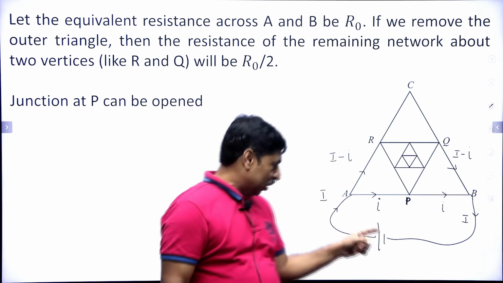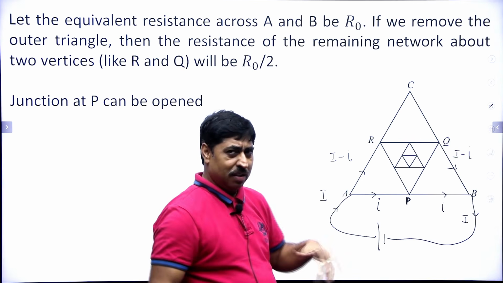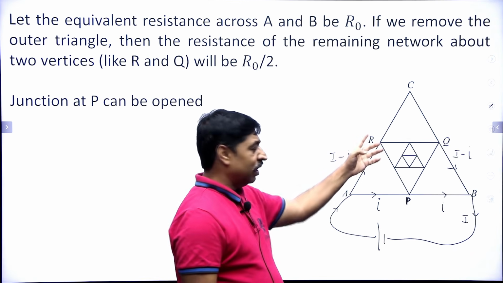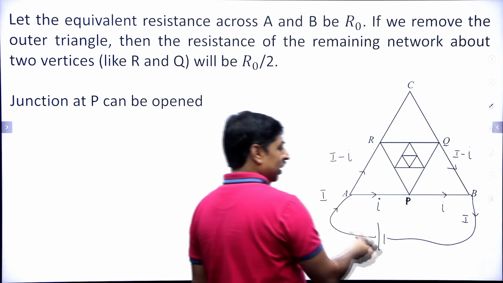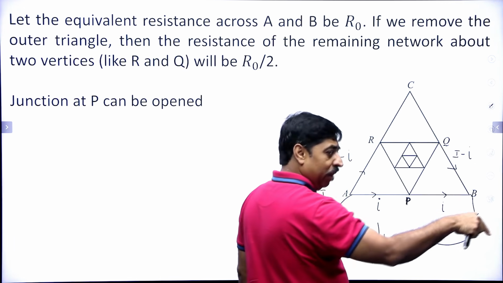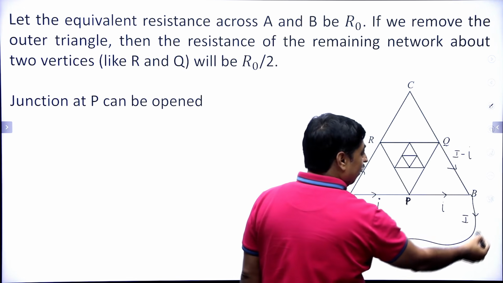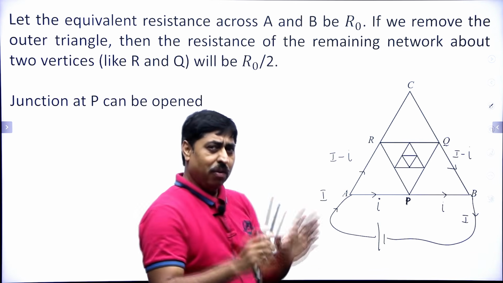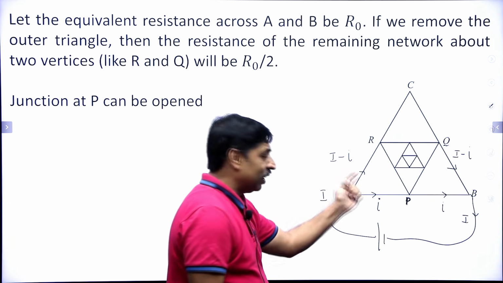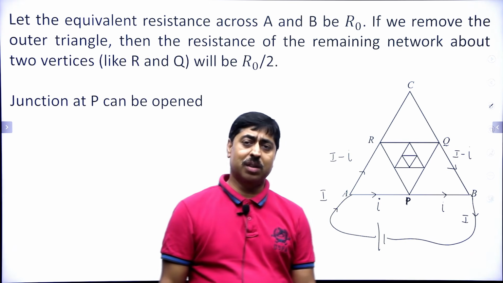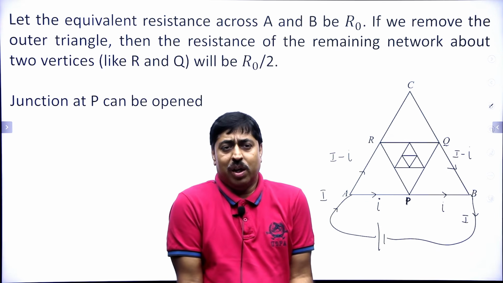Actually, positive charges are flowing like this. That is how we consider the flow of current. Positive charges are entering into the circuit from this side, and you can say that positive charges are coming out, or reverse it, you can say that the same quantity of negative charge is entering into the circuit from this side. So if you consider it like this, that positive charges are entering from this terminal and negative charges are entering from this terminal, then it becomes absolutely clear.